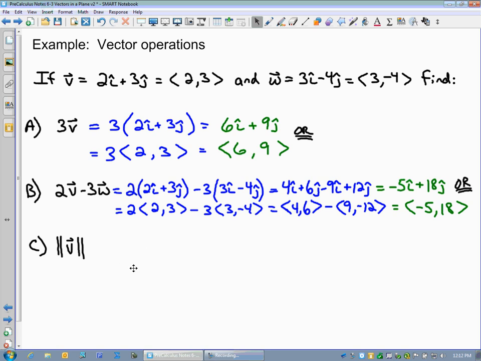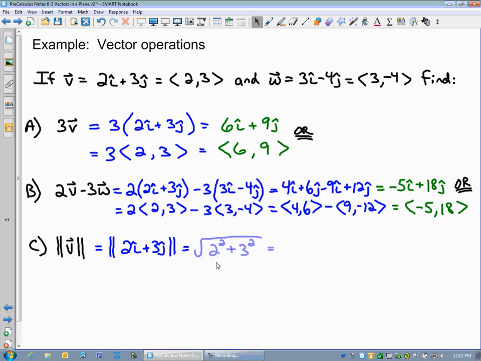All right, to find the magnitude, let's look at vector v. I'll start out with the hat notation. We want the magnitude of this, which means I'm simply going to square these components, ignoring the i hat and the j hat, add them together, and then take the square root.